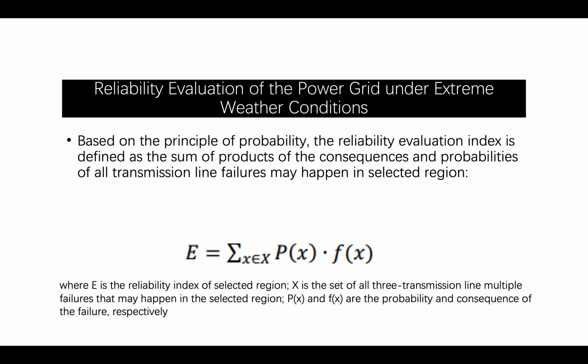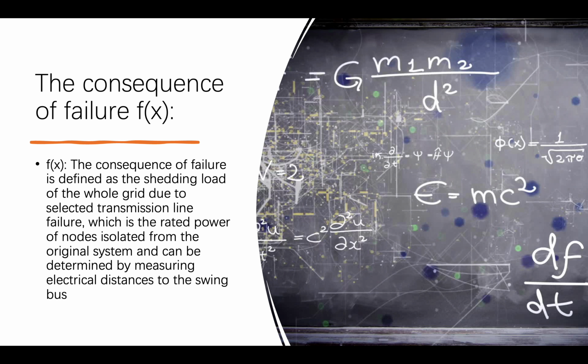We can see in this function that E is the reliability index of the selected region and X is the set of all three-transmission-line multiple failures that may happen in the selected region. Px and Fx are the probability and the consequence of the failure respectively.